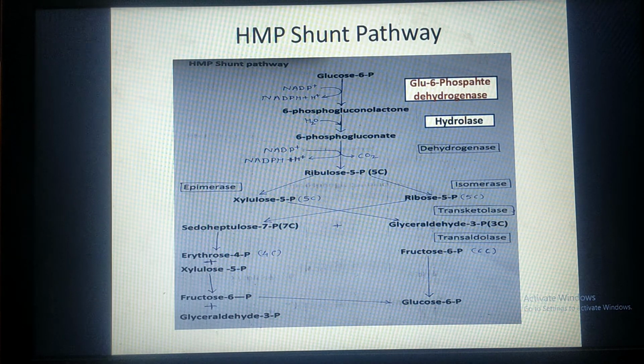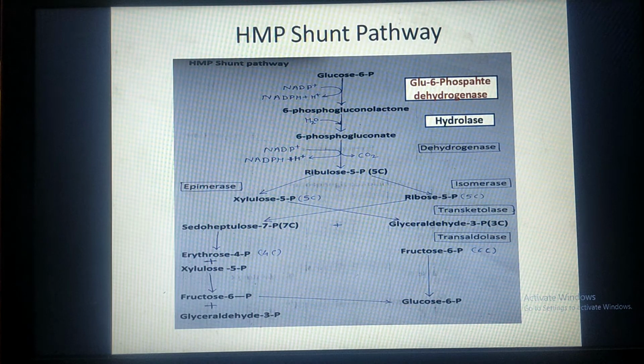Now, xylulose 5-phosphate formed in one pathway combines with the ribose 5-phosphate formed in another pathway. I have already told you that you cannot study a single HMP shunt pathway. So here the products of two pathways, xylulose 5-phosphate and ribose 5-phosphate, two sugars with 5 carbons, get condensed and give sedoheptulose 7-phosphate and glyceraldehyde 3-phosphate.